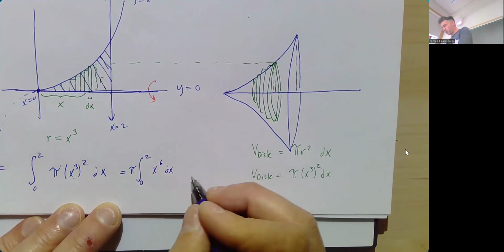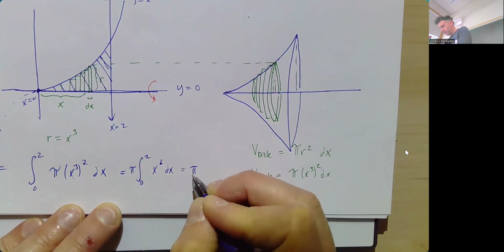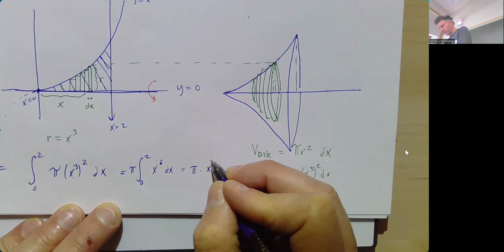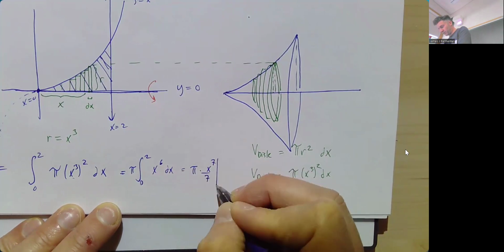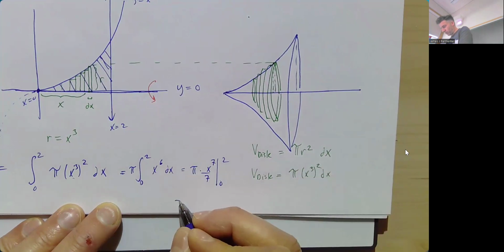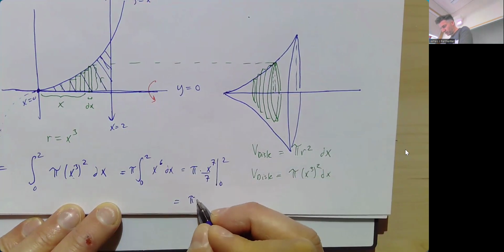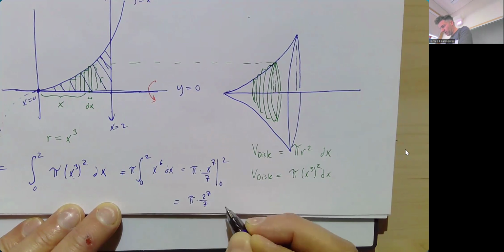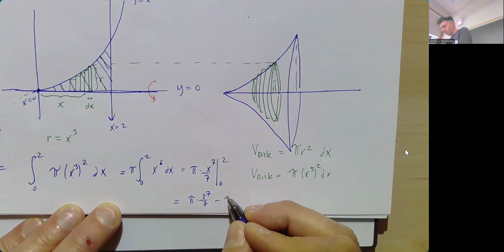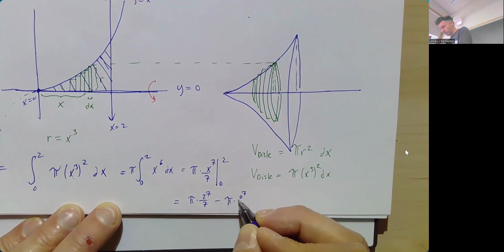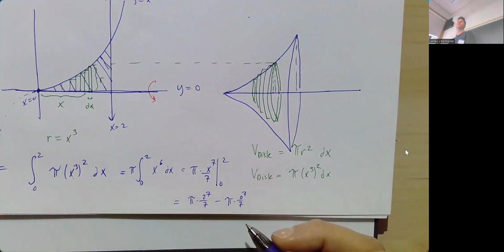Then we antidifferentiate. The antiderivative of x to the 6th is x to the 7th over 7 from 0 to 2. We plug in 2 and we get pi times 2 to the 7th over 7. Minus we plug in 0 and we get pi times 0 to the 7th over 7. You should not write that.